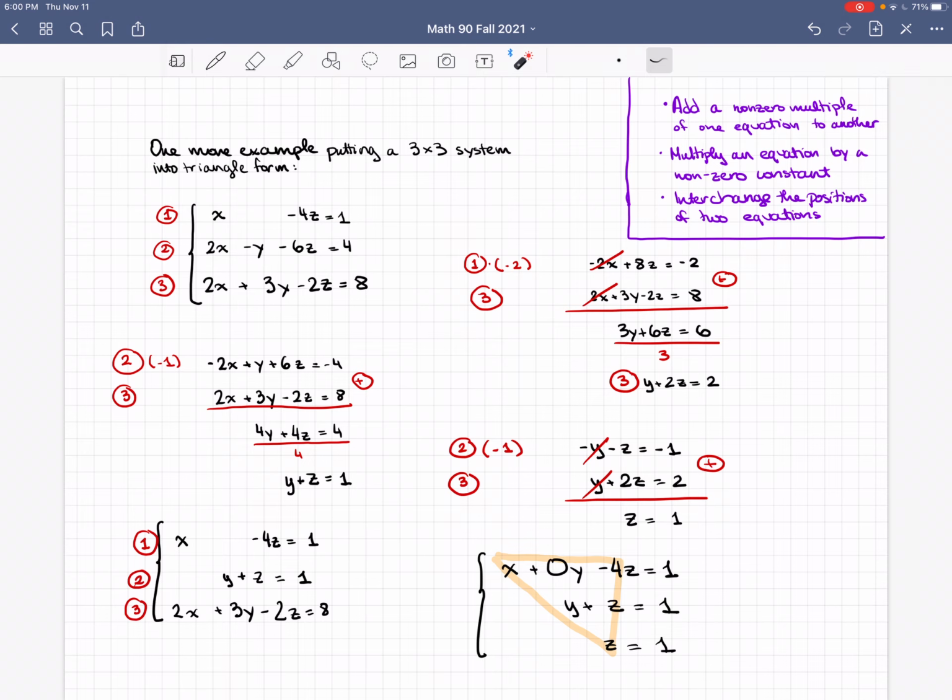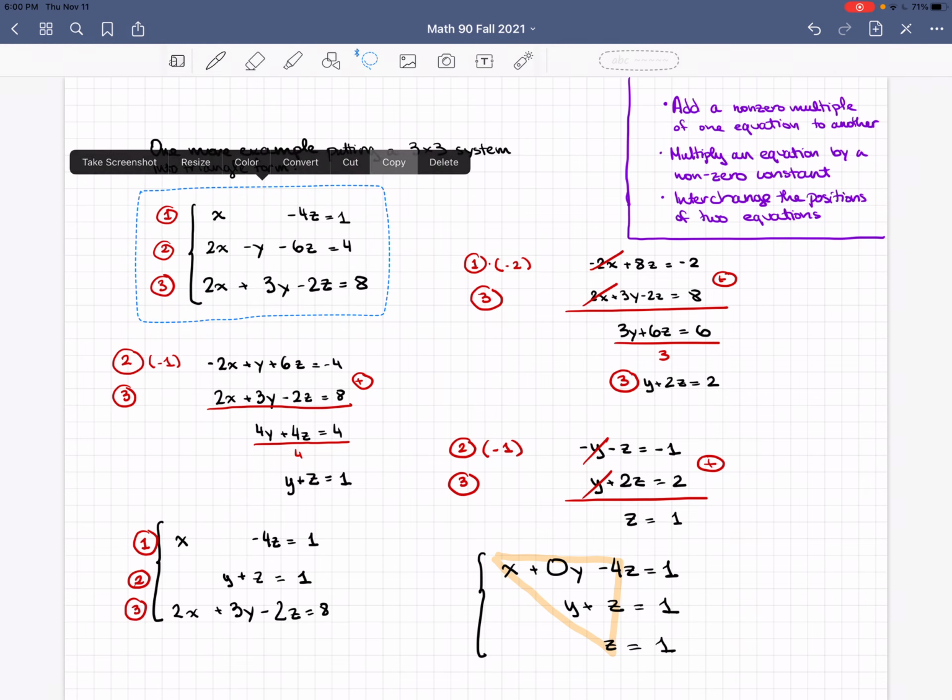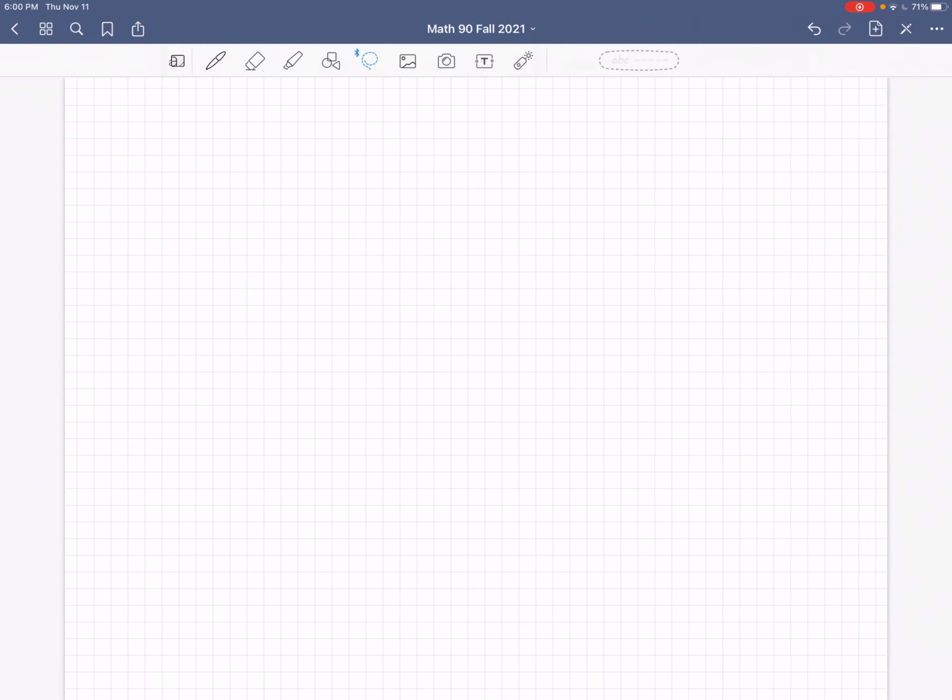Okay. So what I'm going to do next is much the same that we did in the last system. I'm going to take my original system, and I'm going to copy it over to a fresh page. Okay, so original system.